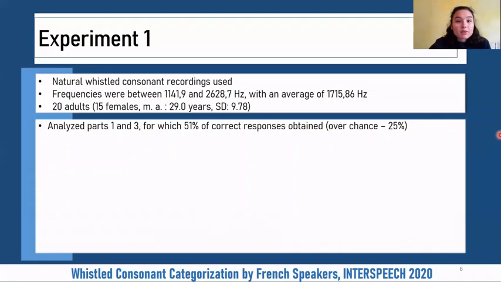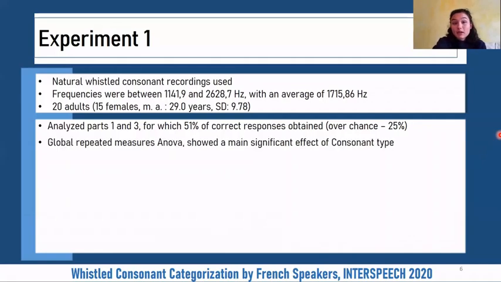When analyzing the results of experiment 1, we used the results from parts 1 and 3, for which we found 51% of correct responses, which is well over chance at 25%. We applied a global repeated measures ANOVA, which showed a main effect of consonant type.